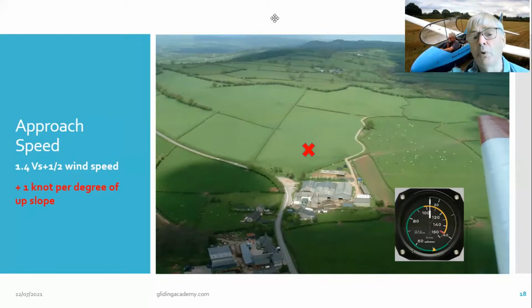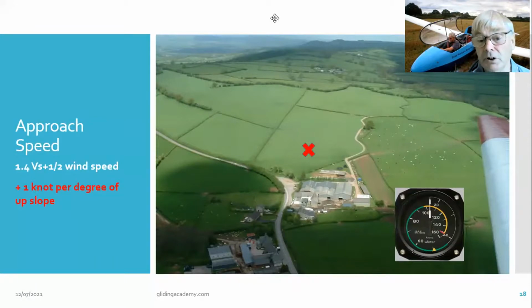So a rule of thumb, add 1 knot for every degree of slope. So if we've got a 15 to 20 degree slope, we need to add 15 to 20 knots onto our approach speed. That can seem very strange at first, but I promise you the speed will dissipate very quickly once you've rounded out.